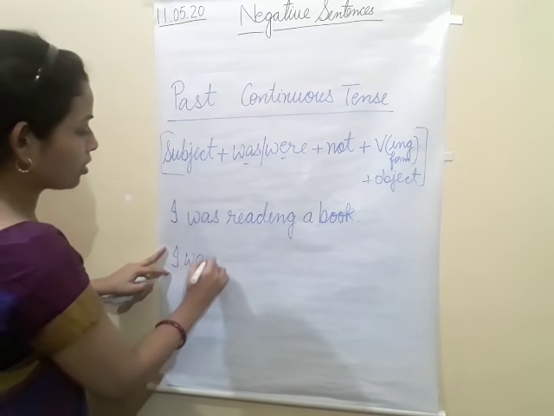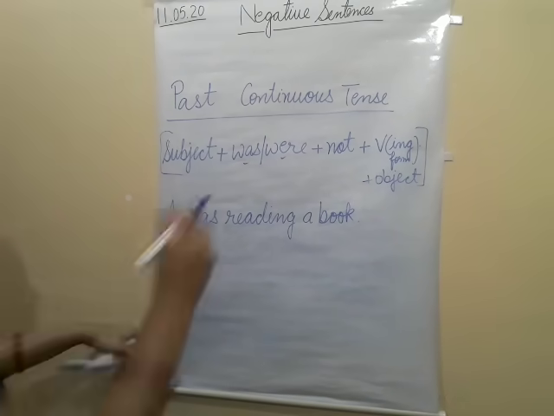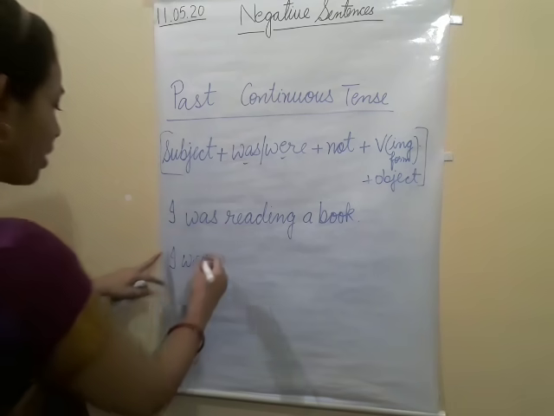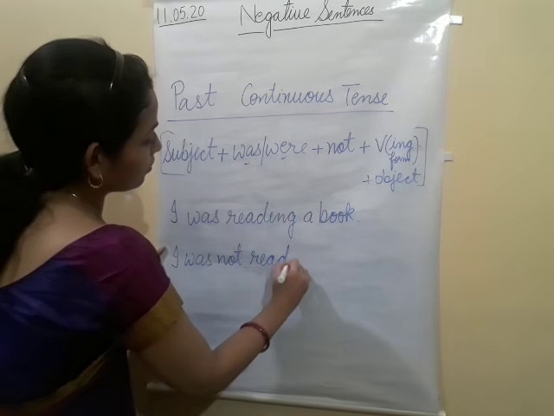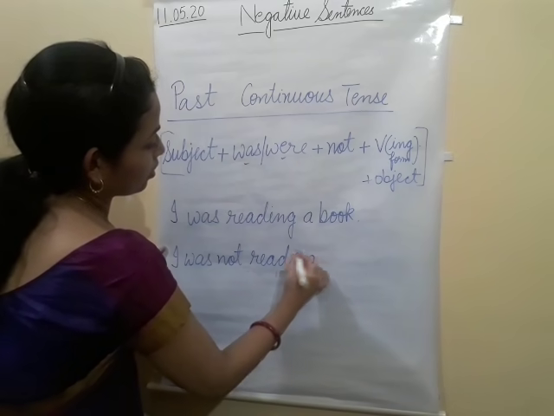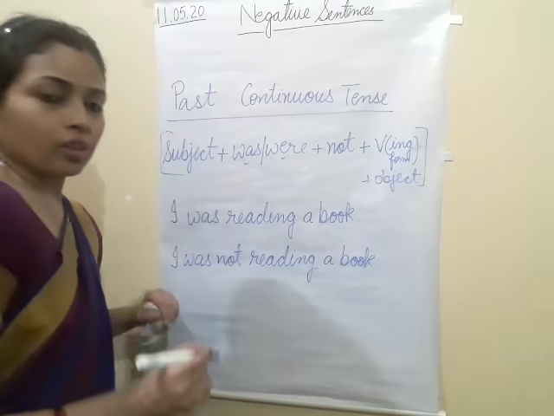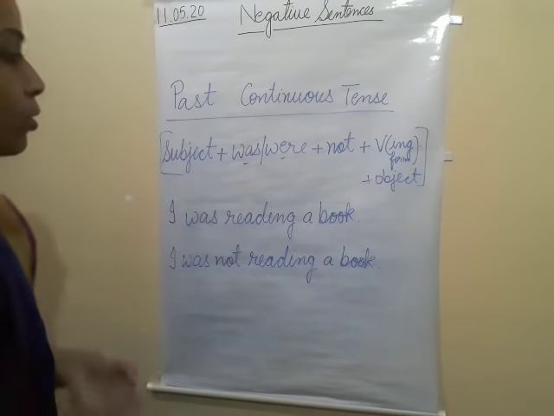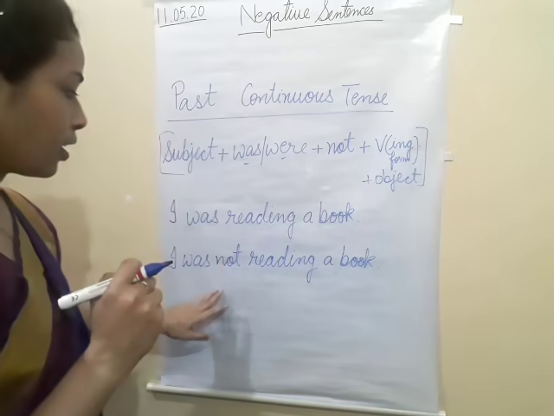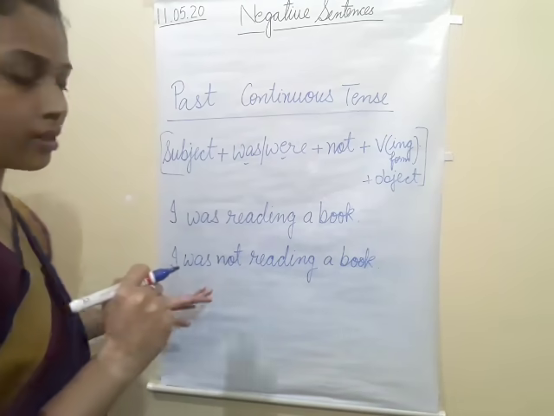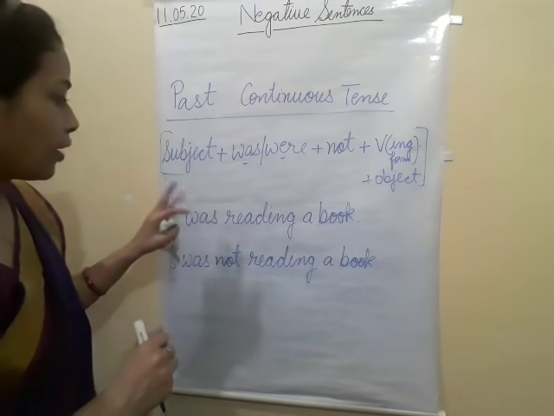I was, and then, what will be the answer? I was not reading a book. Okay, I was not reading a book. So this is the structure of past continuous tense, and here I have written the examples. Okay, so I hope it is clear.